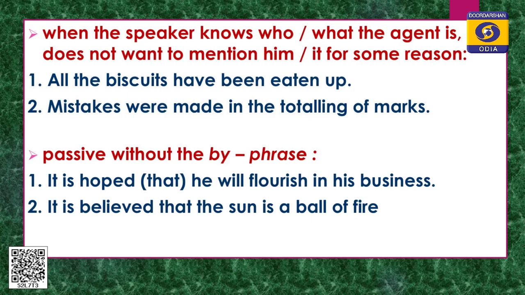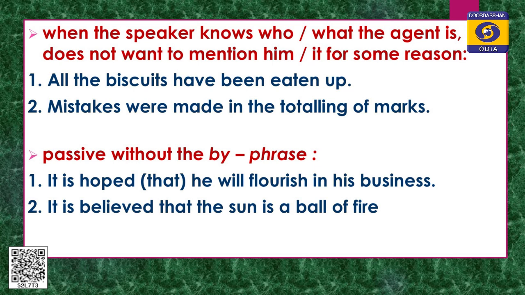When the speaker thinks that the agent is obvious, just like the thief was arrested, the patient was admitted into hospital, grapes are grown in Hyderabad. These are obvious, these are very natural. That is why we can also ignore the by agent, right. So, when the speaker knows who or what the agent is, but does not want to mention him, all the biscuits have been eaten up.